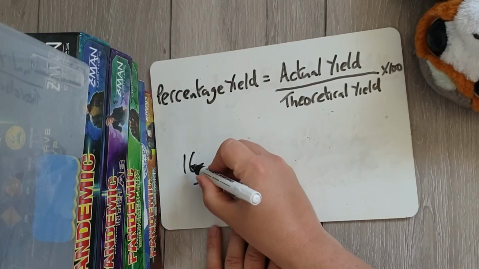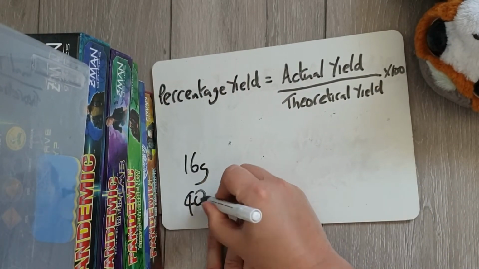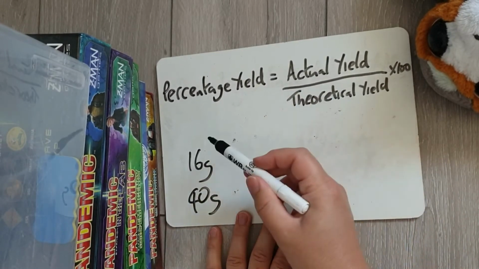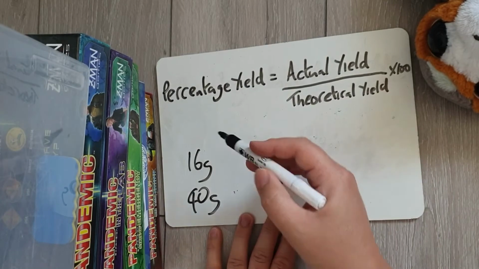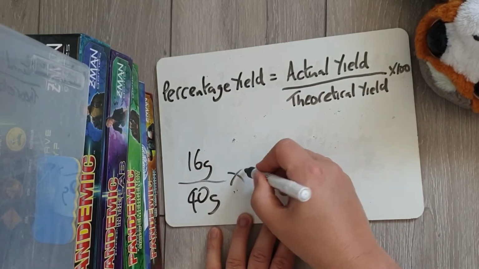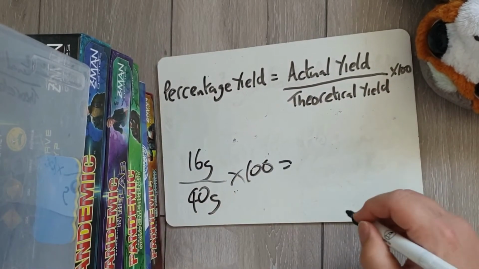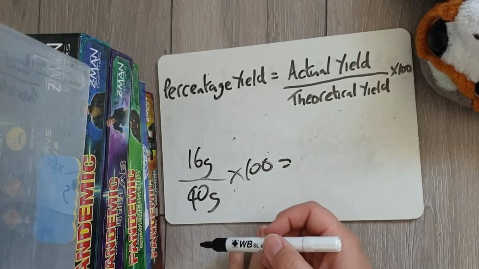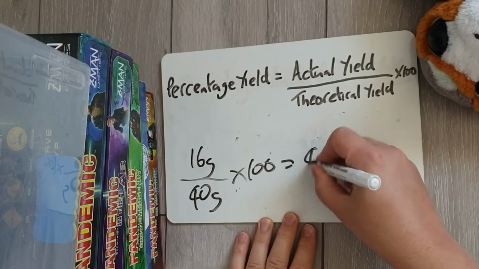The maximum he could have made in theory was 40 grams. So actual yield 16, theoretical yield 40, because that was the maximum. 16 divided by 40 times 100. So 16 over 40 is 0.4. You can use a calculator in the exam, but 0.4 times 100, so 40%.